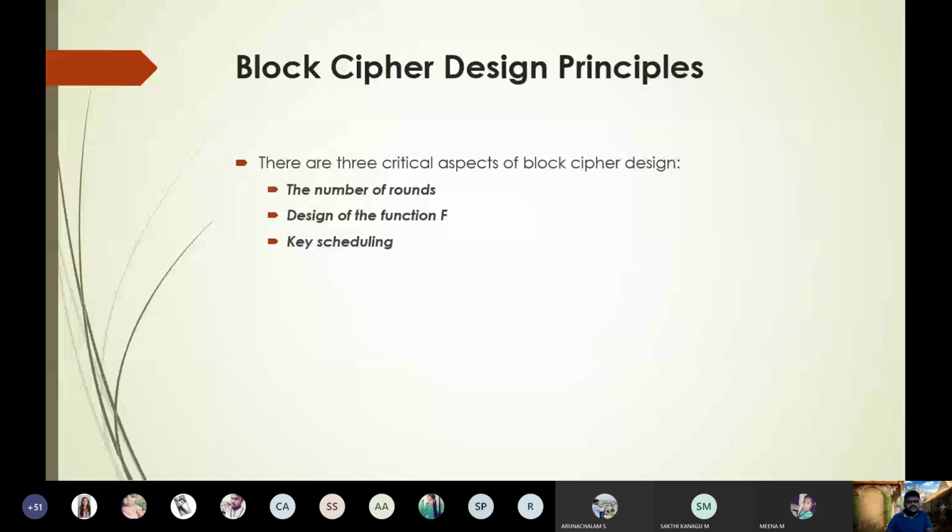Just imagine the general architecture of DES. We have a certain key value, that is 64 bits. After that key, it performs the permuted choice 1 function. What is permuted choice 1? From those 64 bits, I can take only 56 bits.